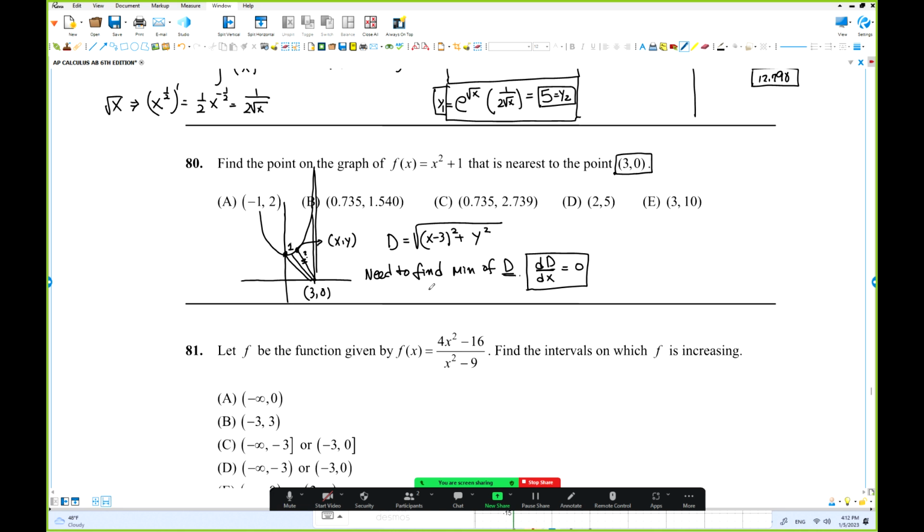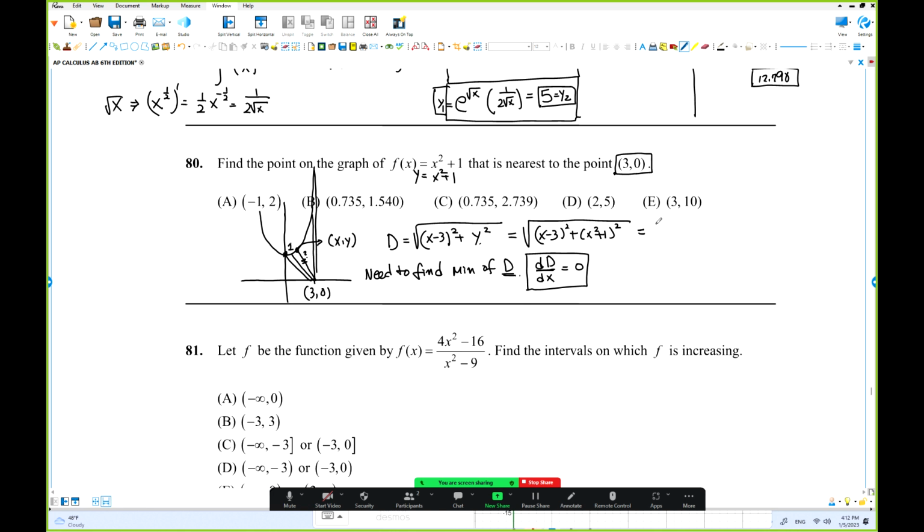Now this is d in terms of x, with y squared. y equals x squared plus 1. Put this y squared in there. In terms of d, we get x minus 3 squared plus y squared, which is x squared plus 1 squared. Now take a derivative of this one.